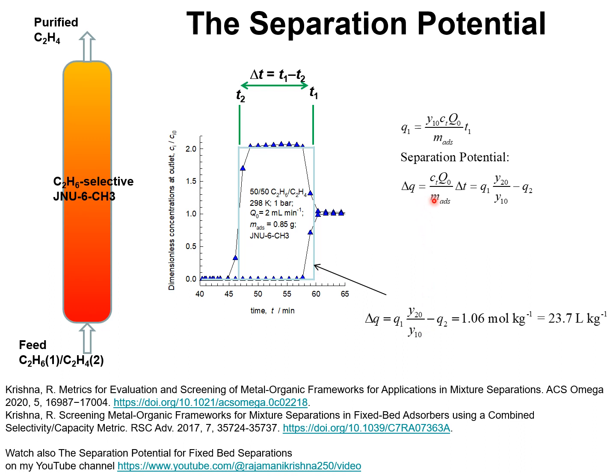The expression is given here. It is delta t multiplied by the molar concentration of the feed mixture at the inlet, pressure of 1 bar, and temperature of 298 Kelvin, times Q naught, which is the volumetric flow rate of the feed mixture at the inlet, divided by the mass of adsorbent.